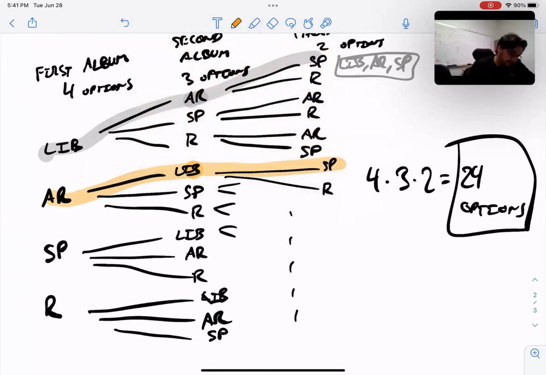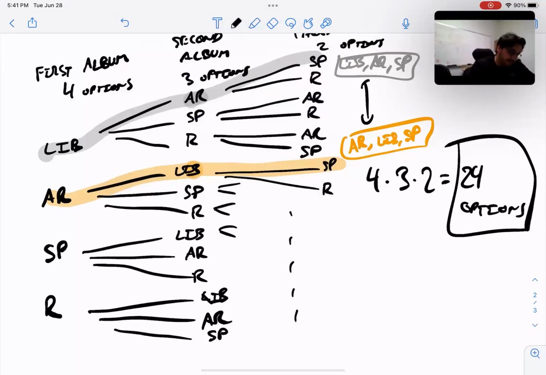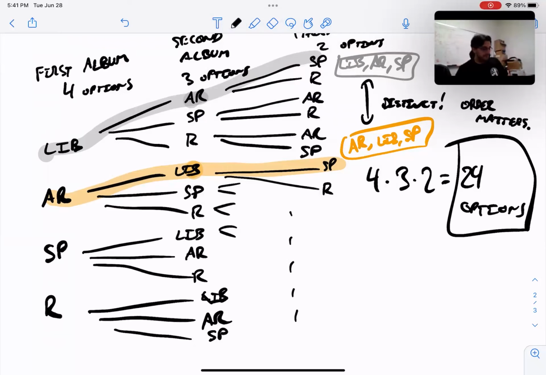I'm counting these as 2 different options, even though they're the same 3 albums. This is what I mean by order matters. So in this case, order matters, repeats are not allowed.